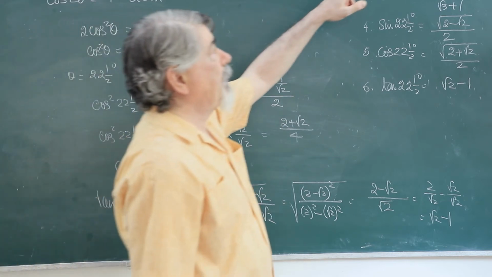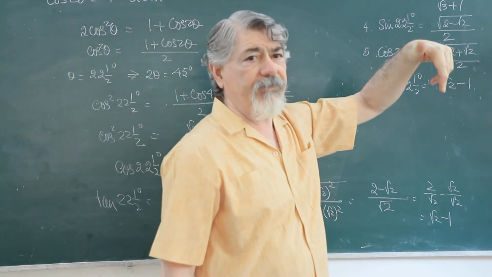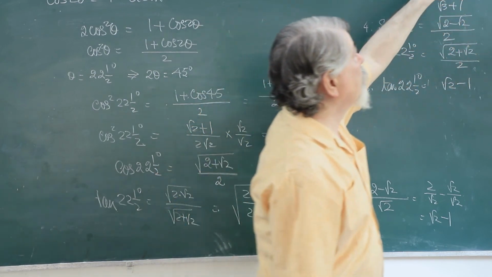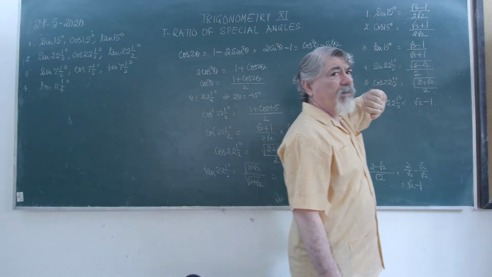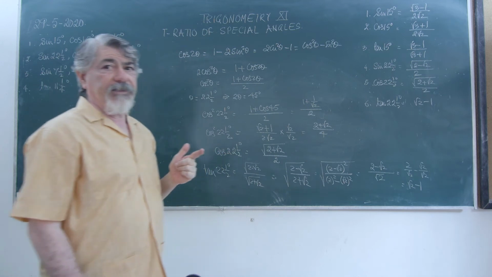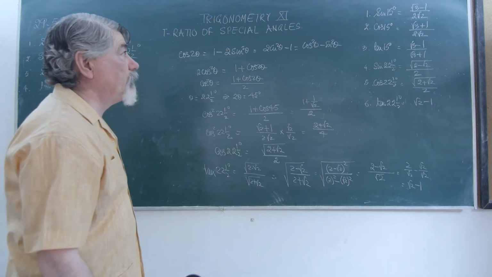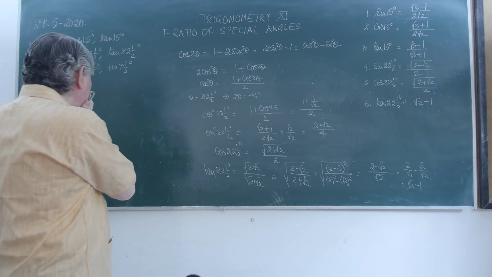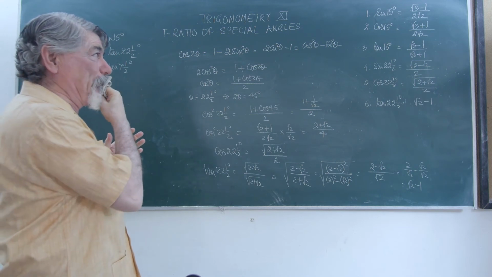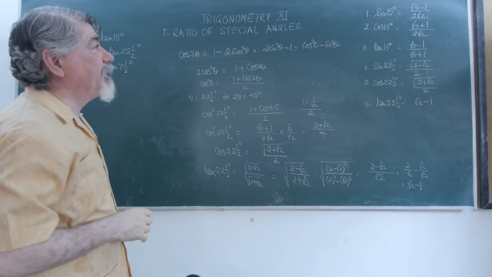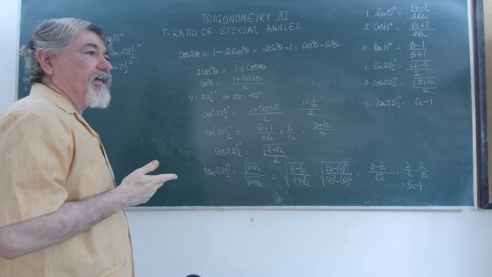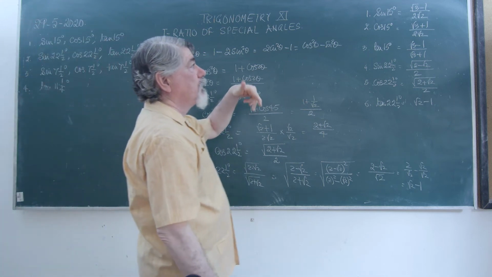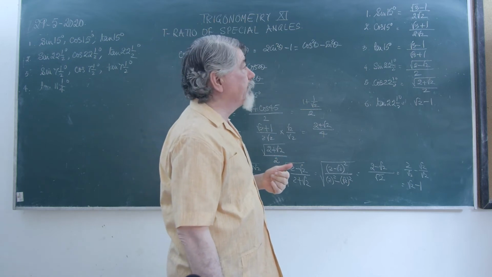Actually, when you have got sin 15, you can find cosec 15 by reversing the value: 2 root 2 upon root 3 minus 1. When you have got cos 15, you can calculate the value of sec 15 by reversing, because sec is the reciprocal of cos. So 2 root 2 upon root 3 plus 1.